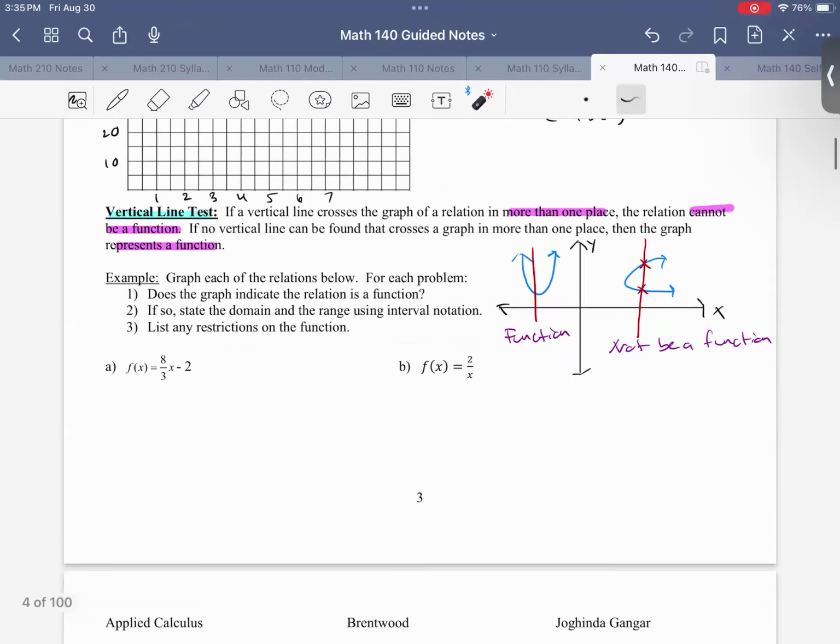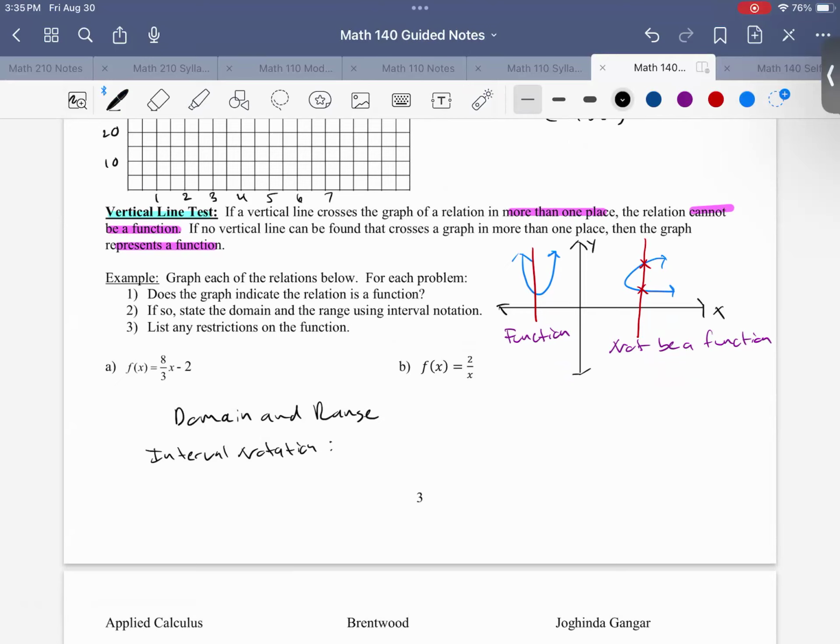Just a little reminder about interval notation for domain and range. If this doesn't help at all, there are some YouTube videos that might help as well. Really, with interval notation, say we're on some interval from 1 to 4.